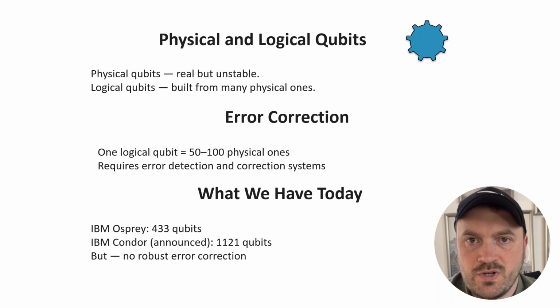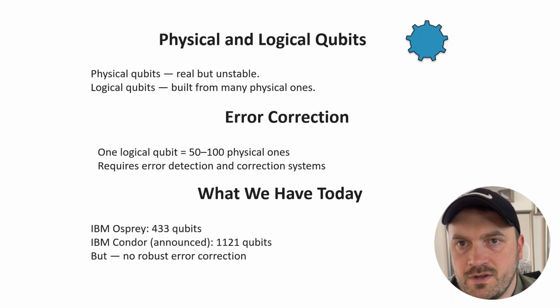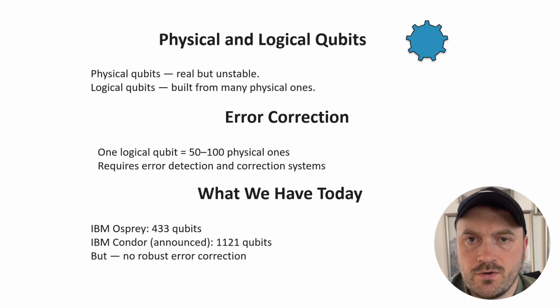It has a built-in mechanism for detecting and correcting errors. Usually, one logical qubit is created from 50 to 100 physical qubits, depending on the correction method and the quality of the physical qubits.